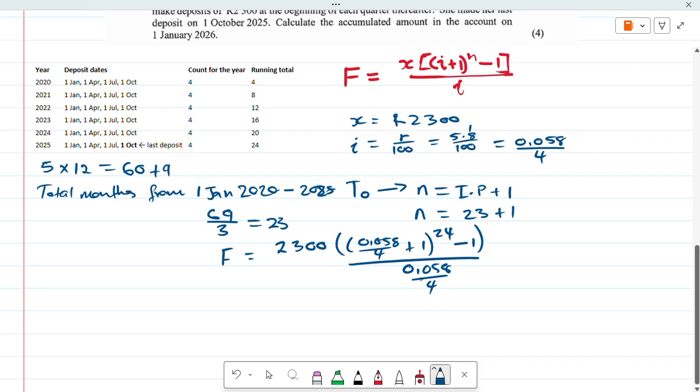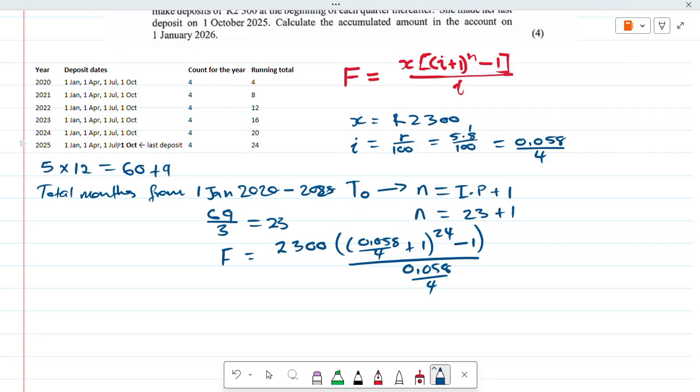After this, we would calculate the future value and get a certain value, for n equal to 24.